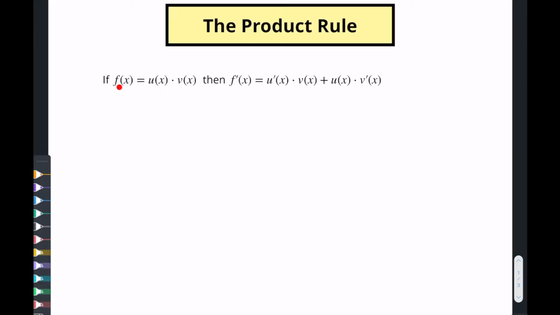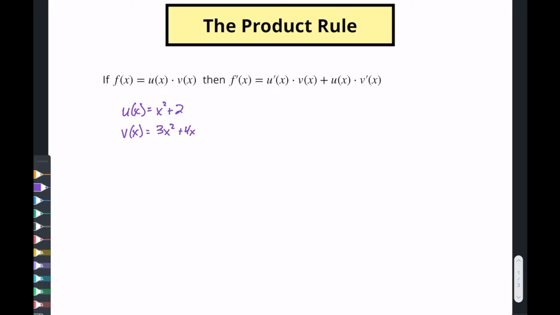The product rule says if your function is the product, multiplying, of two other functions, then your derivative is all this. So what does this mean? What is the product of two functions? Maybe we say that u of x is equal to x squared plus 2, and maybe v of x is 3x squared plus 4x, or something like that.